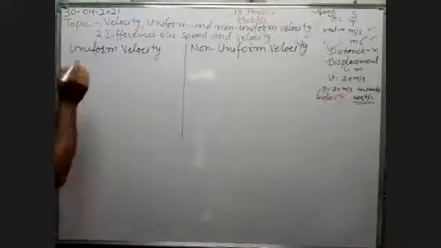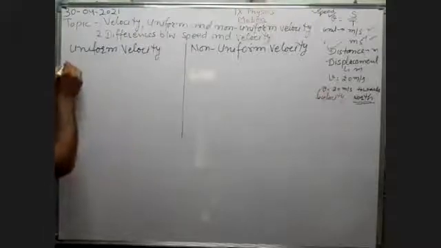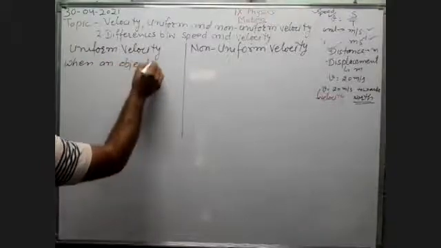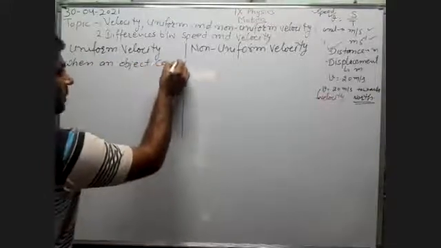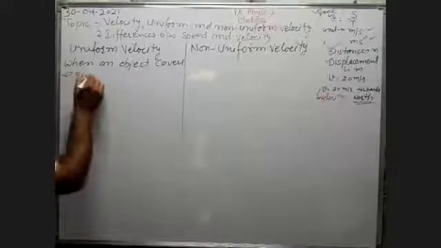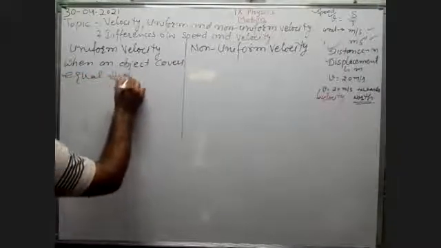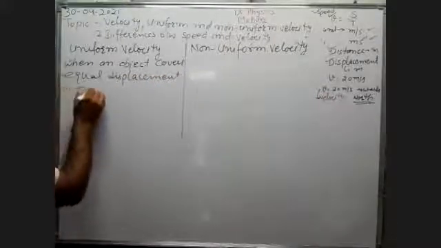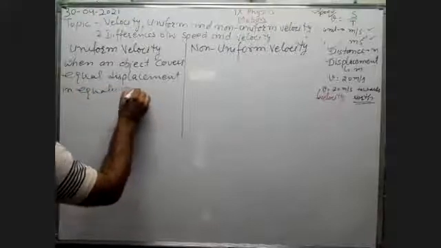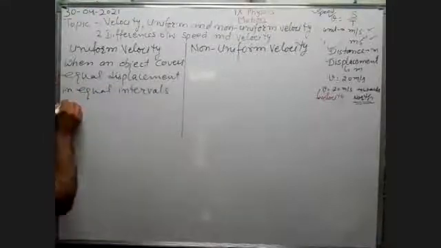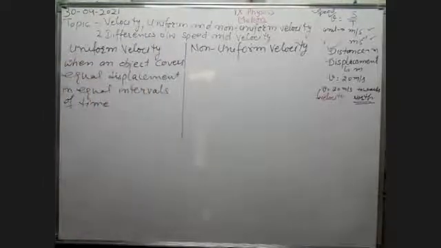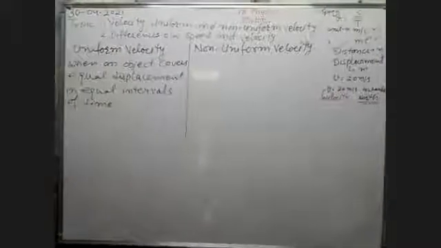When an object covers equal displacement in equal intervals of time, then velocity is said to be uniform velocity.